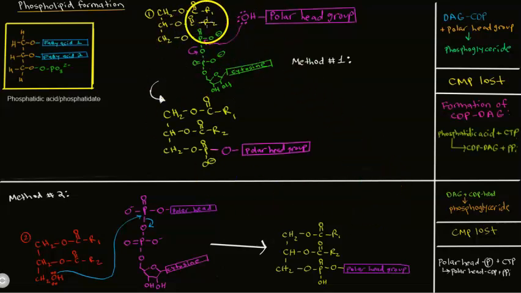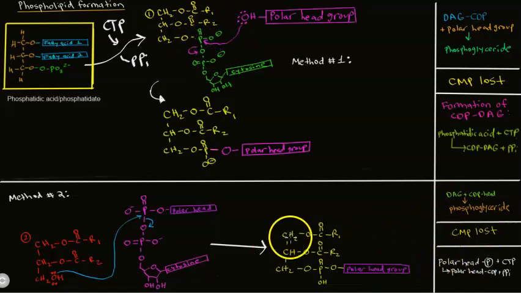Well, we're going to begin with a phosphatidic acid and add CTP to it. And in the process, we're going to liberate our CDP DAG and a pyrophosphate. So we need this phosphatidic acid to form our DAG-CDP molecule in the first place.